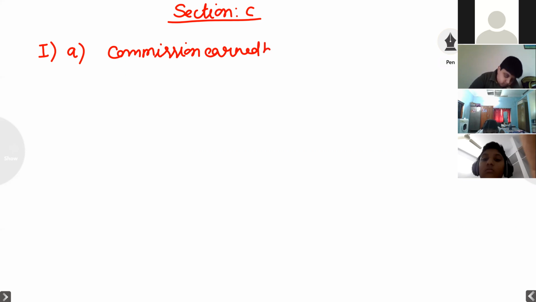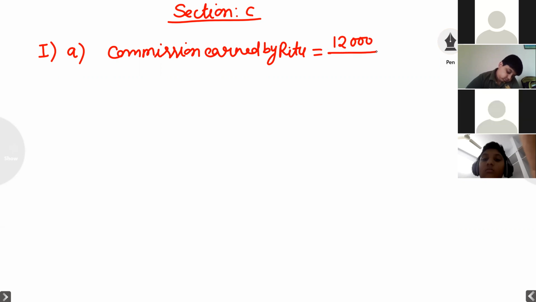Commission earned by Ritu is equal to first term by second term into total money. First term is what? 12,000 rupees. Second term is 80,000 rupees, into total money is 55 lakh 60,000.